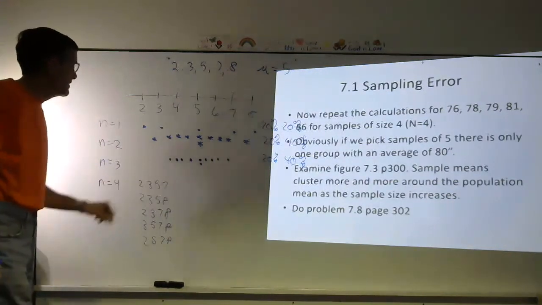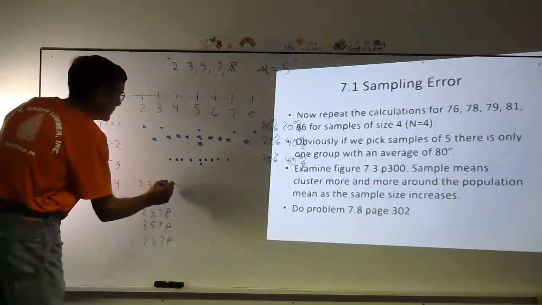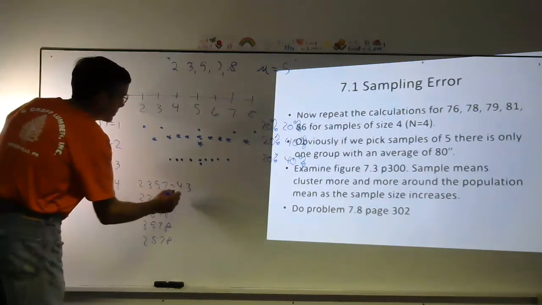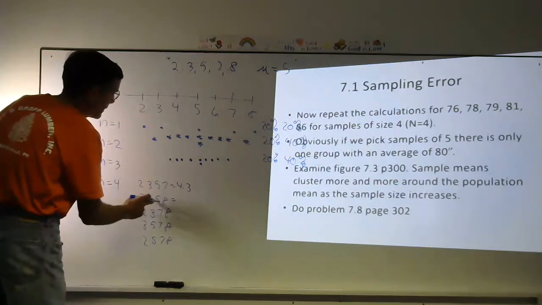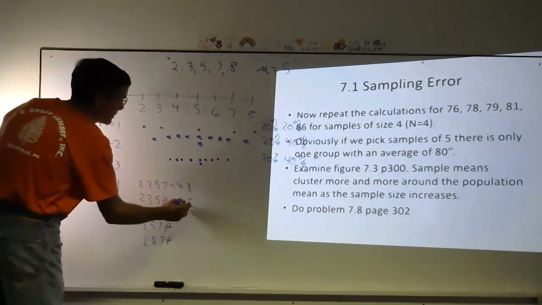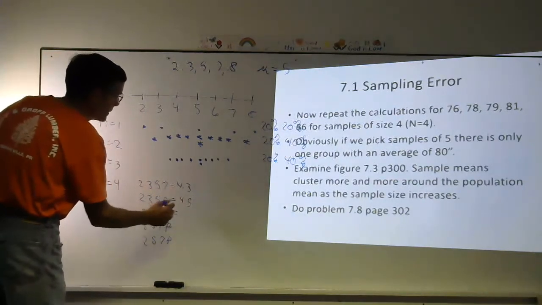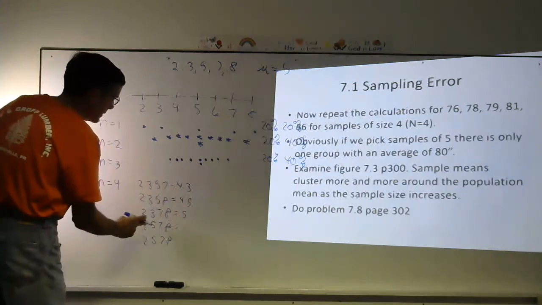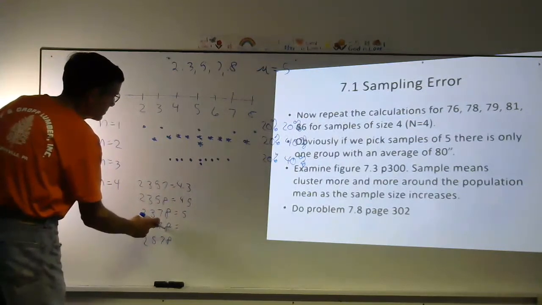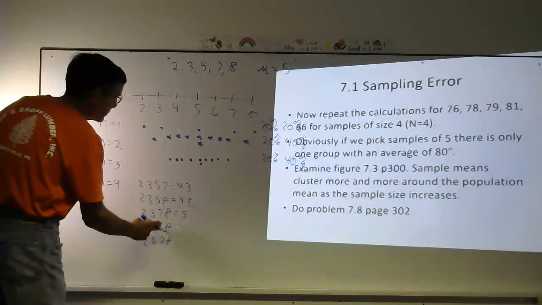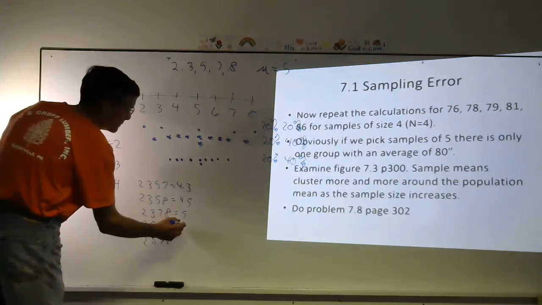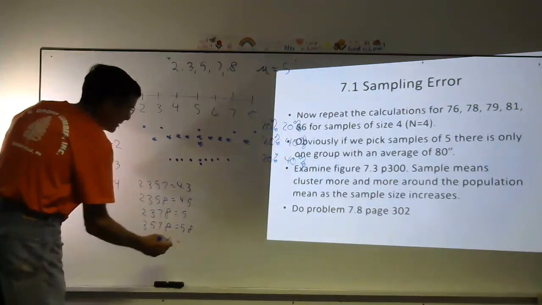So I have 17 divided by 4 is 4.3. I have 18 divided by 4 is 4.5. I have 20 divided by 4 is 5. I have 23 divided by 4 is 5.8.